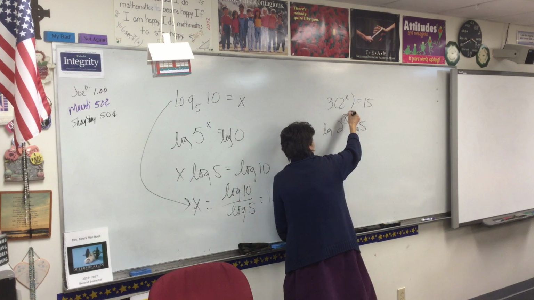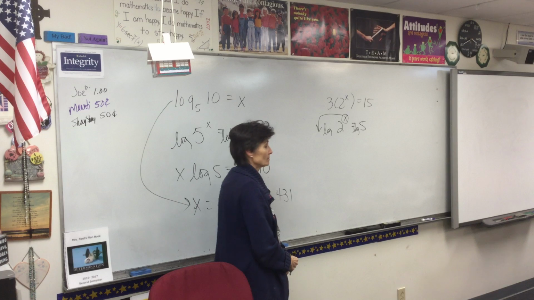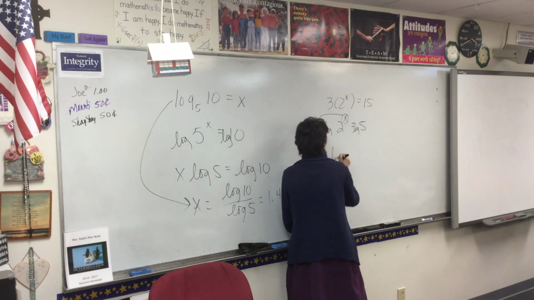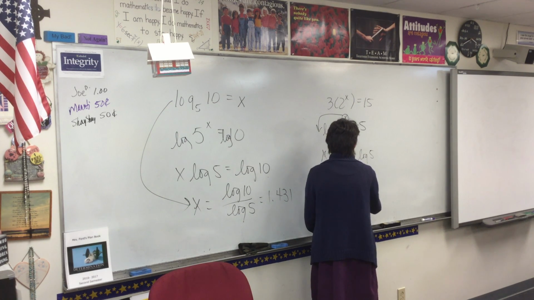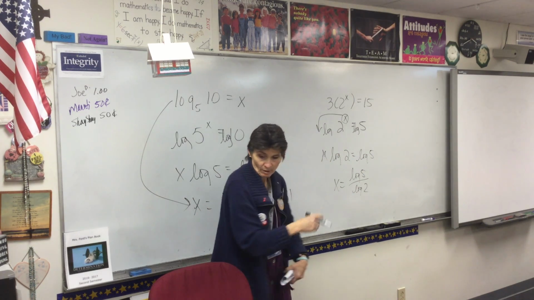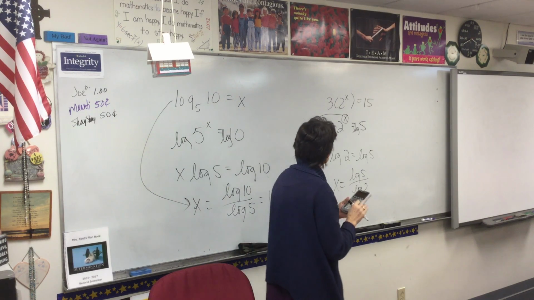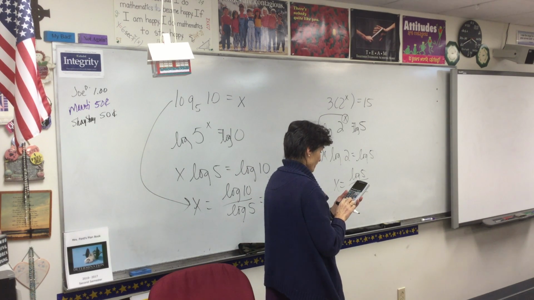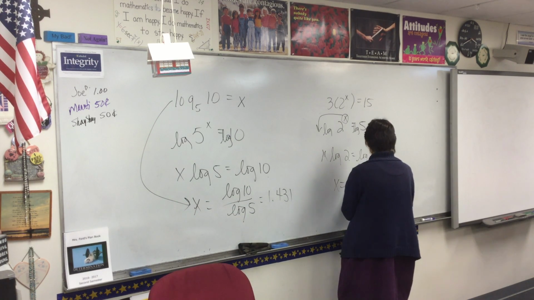So that we could pull this out here. So x log 2 equals log 5, and we got the log of 5 over the log of 2. These two problems are very similar, aren't they? Very, very similar. Log 5 divided by log 2. Did you get 2.322? Yep.